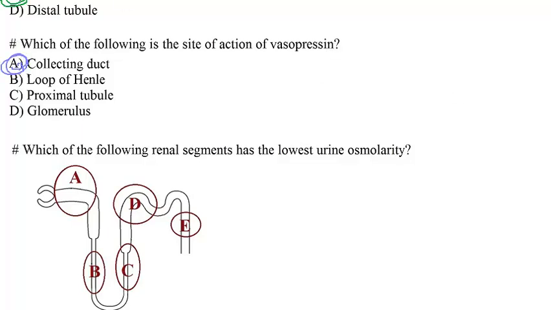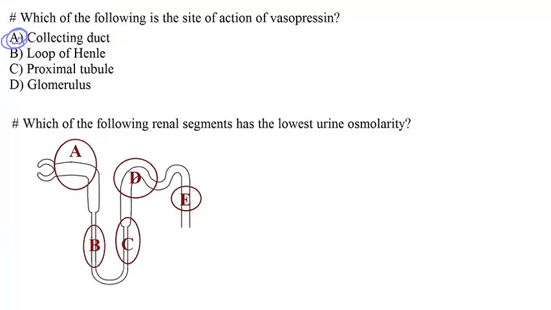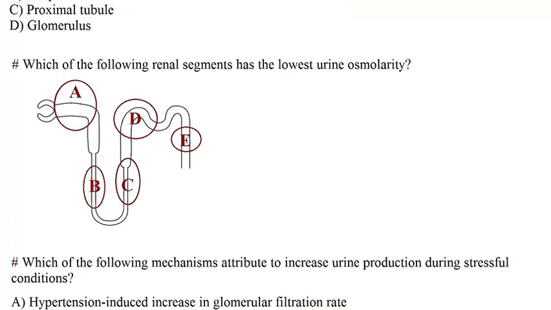Which of the following renal segments has the lowest urine osmolarity? So let's go over that question one more time. We mentioned that the filtrate has 300 milliosmolar concentration and it remains the same in the proximal convoluted tubule because there is a proportional reabsorption of solutes and water. By the time it reaches the descending limb of the loop of Henle, there is only water that is reabsorbed.